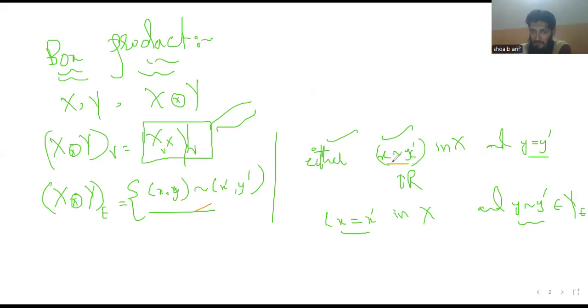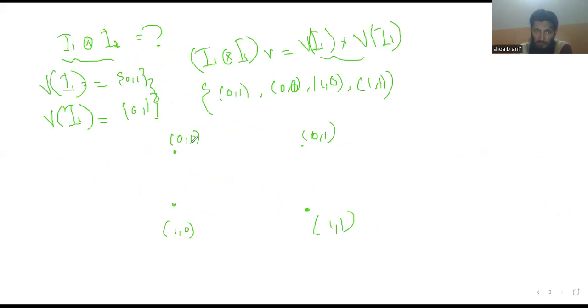The first vertices of the two ordered pairs should be equal or form an edge, and the second vertices should be equal or form an edge, so that one of these conditions holds. Looking at (0, 0) and (0, 1): the first coordinates are equal, and 0, 1 is an edge in the second coordinate, so we have an edge between these ordered pairs.